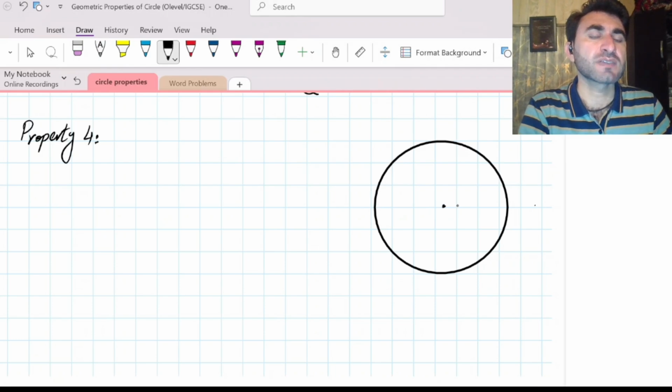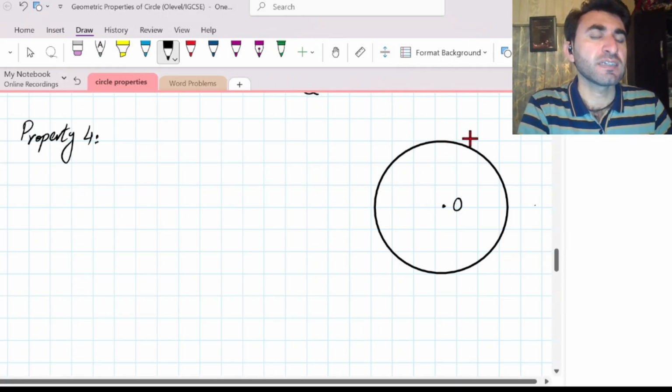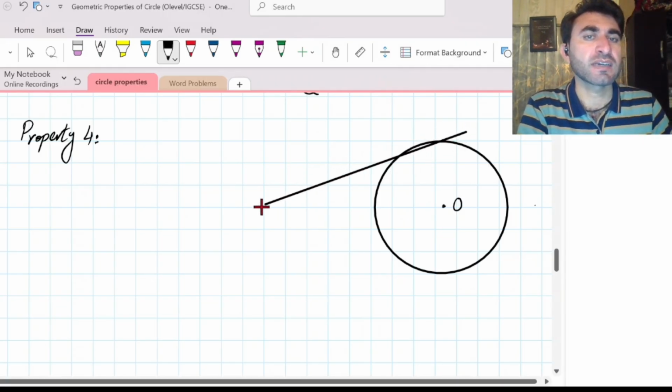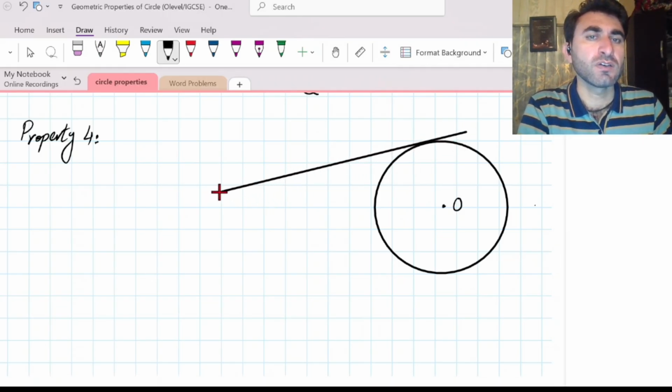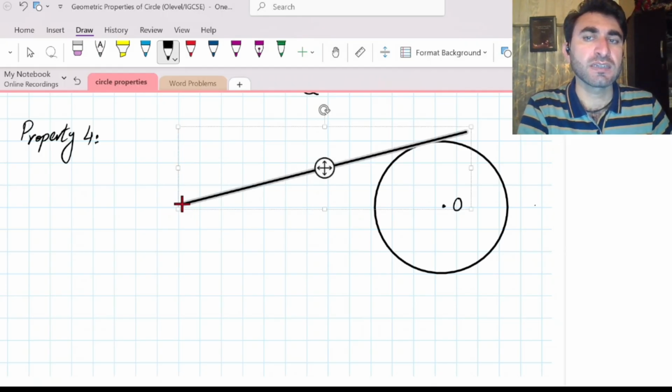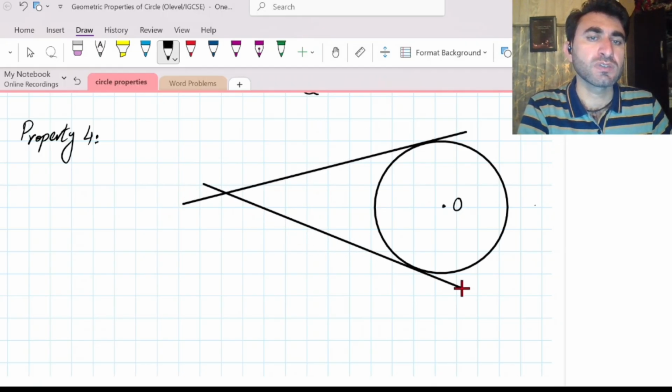Let's say we have a circle with center at point O, and now we have two tangents which are intersecting tangents, like they intersect at one given point. This is one of the tangents, and there is another tangent to the circle. Let's first name the points of tangency.